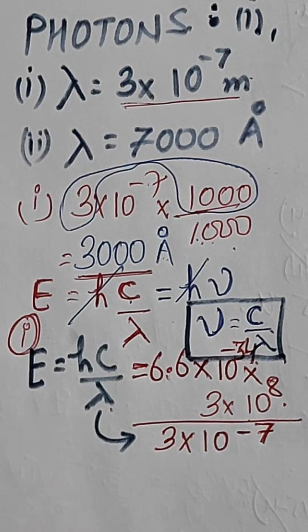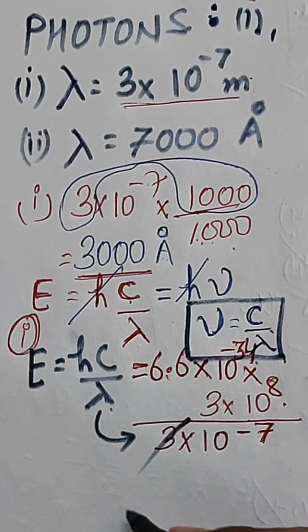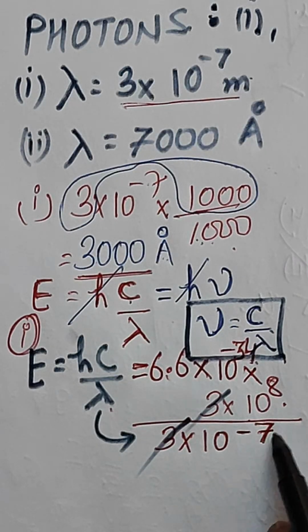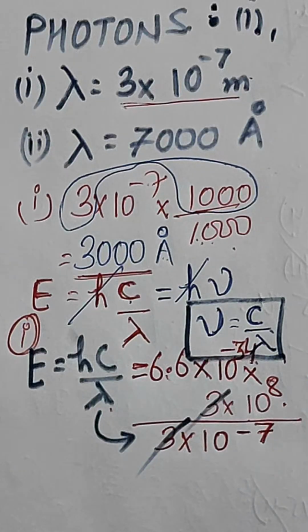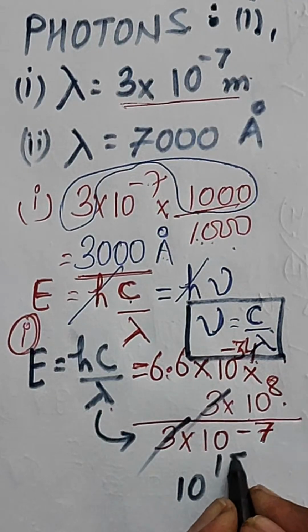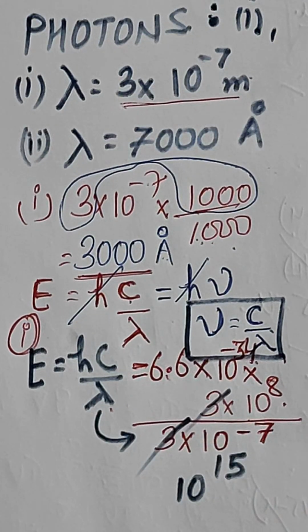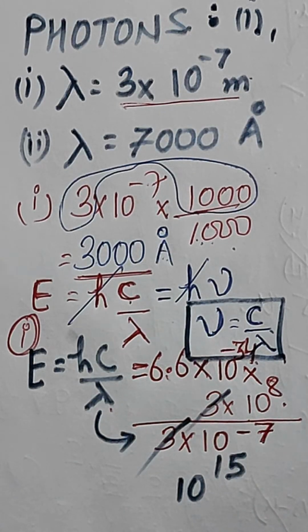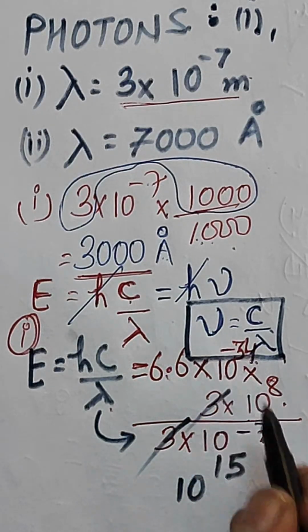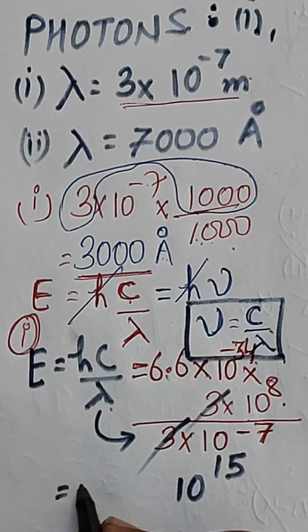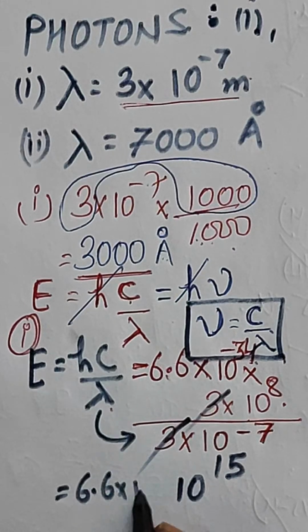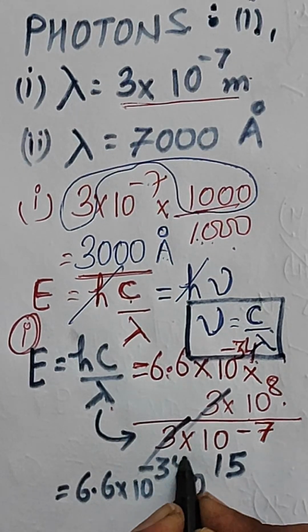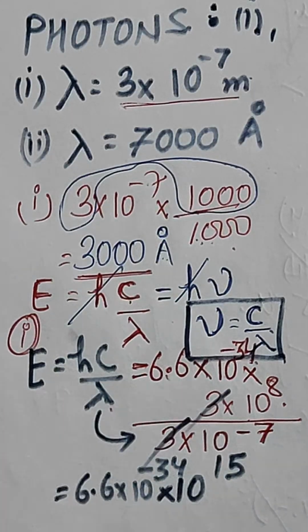Now 3 and 3 will cancel out, and the minus 10 goes to the numerator and becomes 10^15. And the 10^-34 of Planck's constant is already there, so 6.6 × 10^-34 multiplied with 10^15.